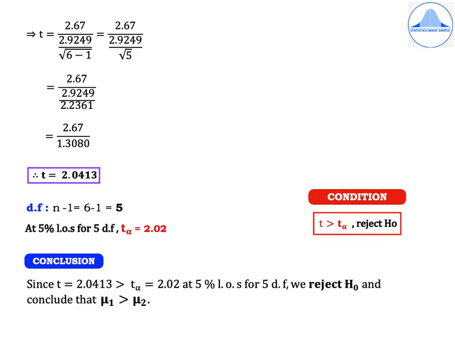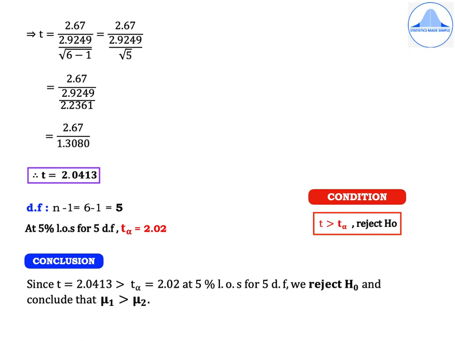Substituting in t, we get t equal to 2.67 divided by 2.9249 divided by root of 6 minus 1, which is equal to 2.67 divided by 2.9249 divided by root 5, which gives us 2.67 divided by 2.9249 divided by 2.2361.